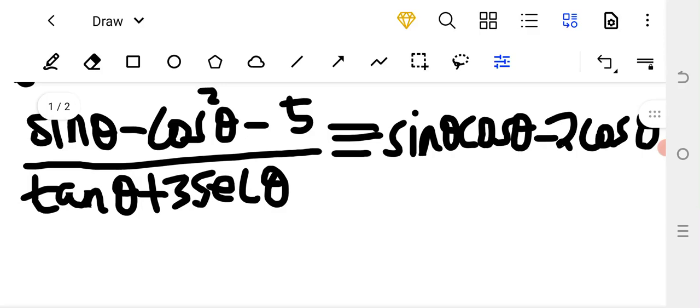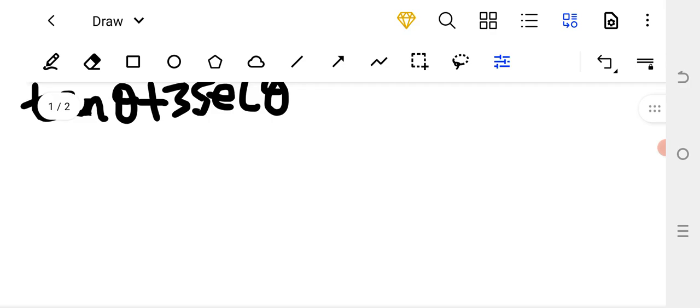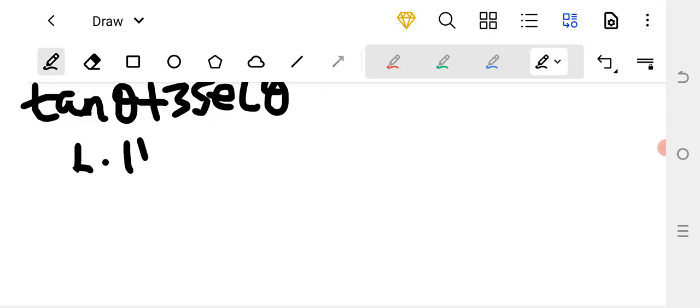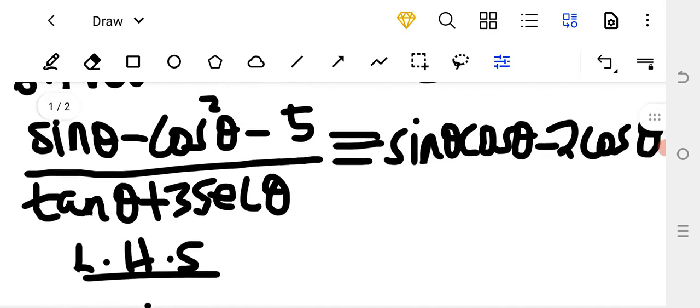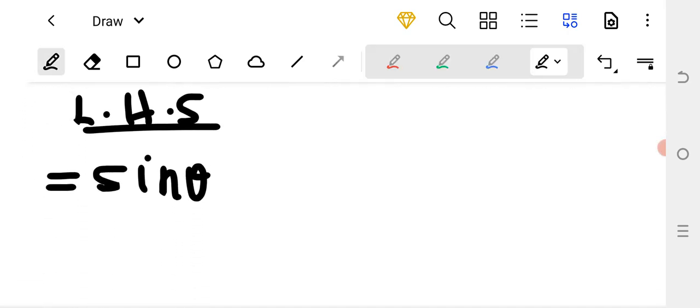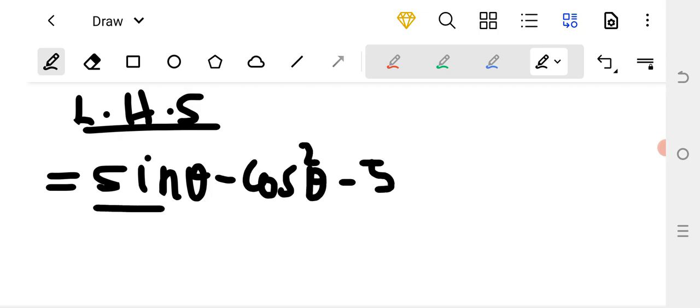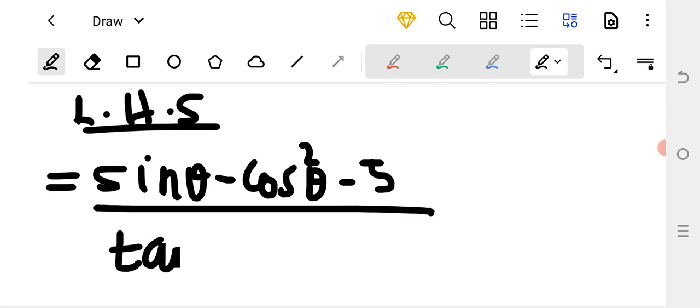The left hand side has some identities that we can use to make it look like the right hand side. So it will be equal to (sine theta minus cos theta) squared minus 5, then you divide by tan theta plus sec theta.